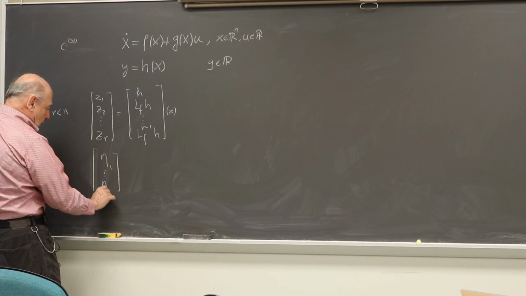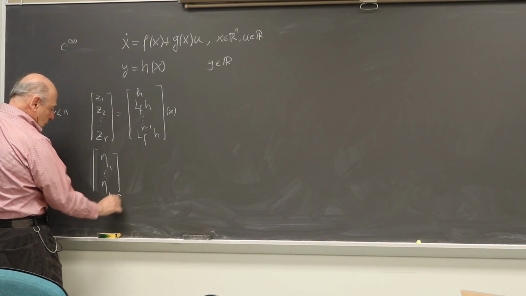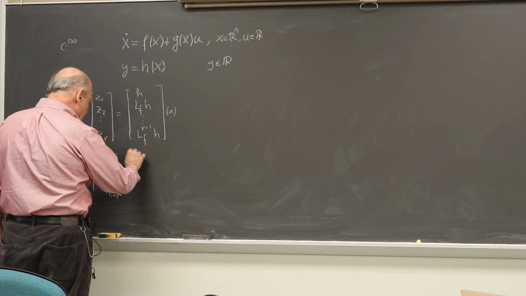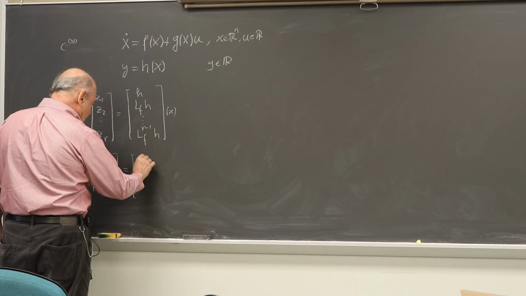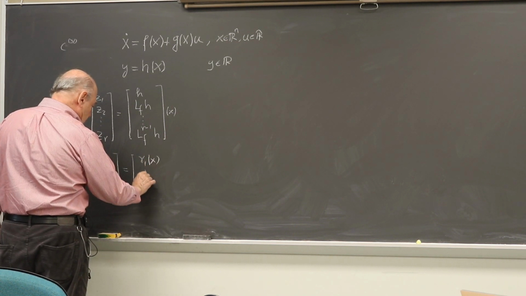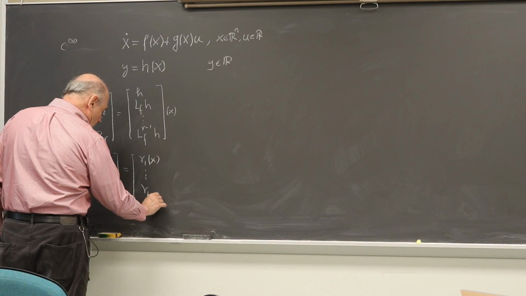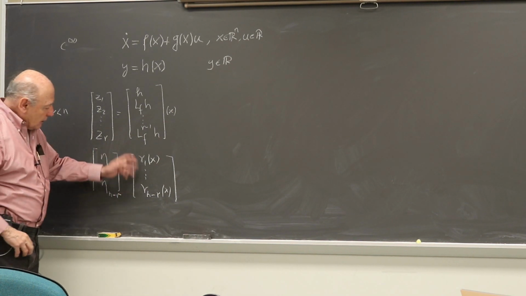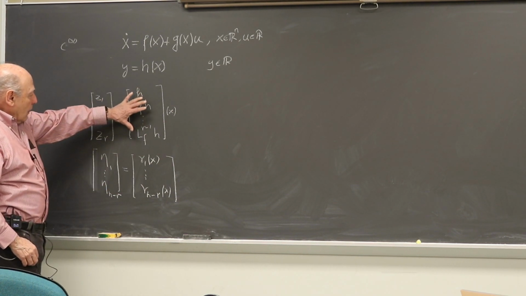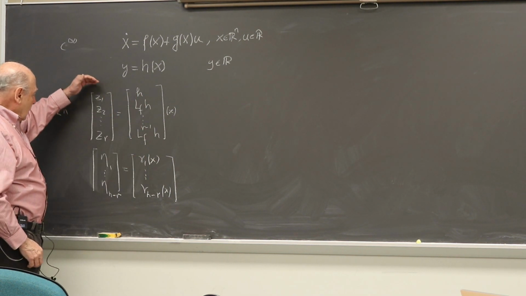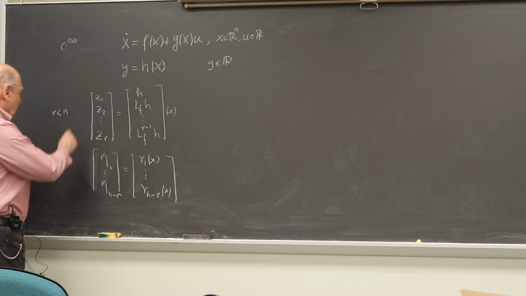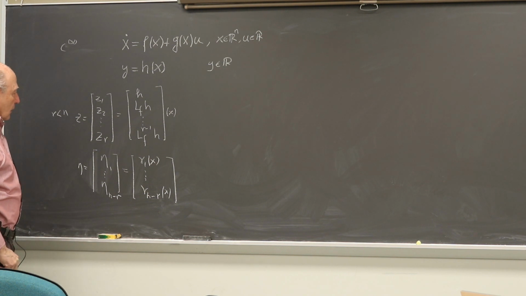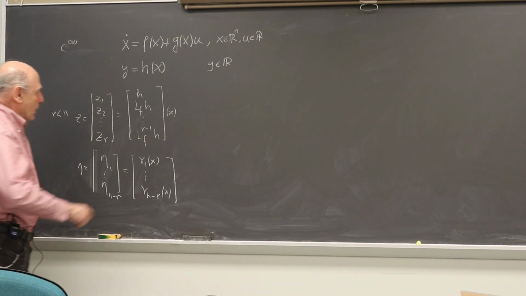Let's call them eta 1 to eta n minus r, so that in total we have n new coordinates, which are just arbitrary functions of x and possibly u, but it will suffice to define them independent among themselves and independent of these r privileged coordinates, so that the whole composite vector of C and eta conforms an invertible state coordinate transformation.